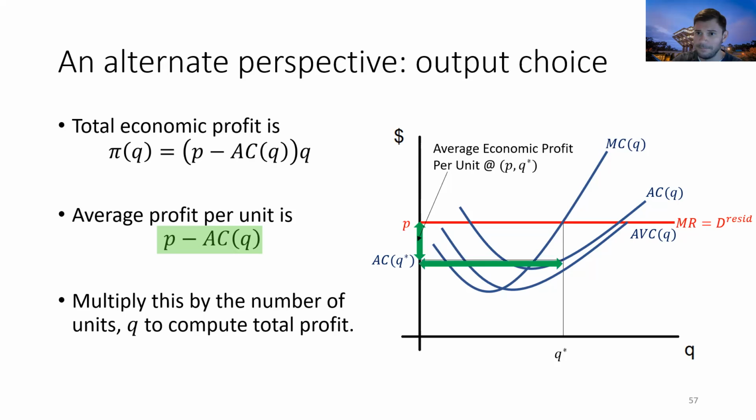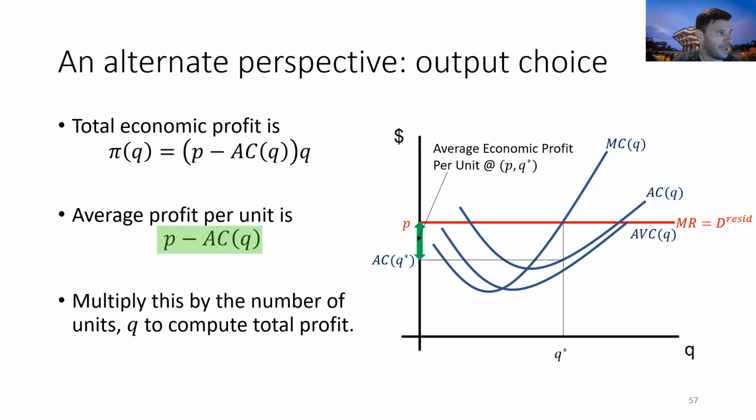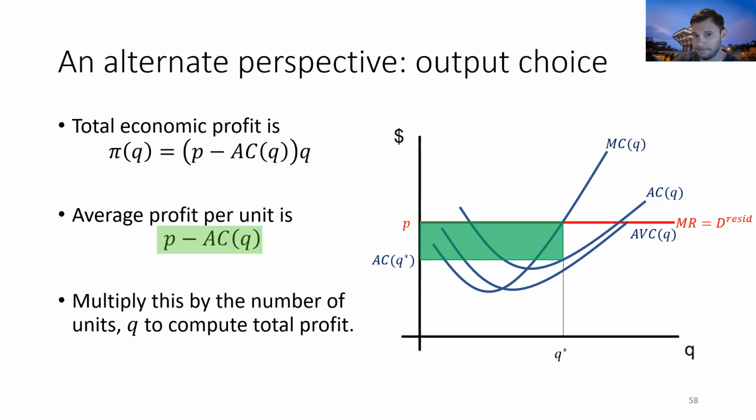Everybody comfortable with that? So if I take the height of this rectangle and multiply it by the base of this rectangle, then that green region represents what? Yeah, that is the total profit that we're making in that solution. That's exactly right.